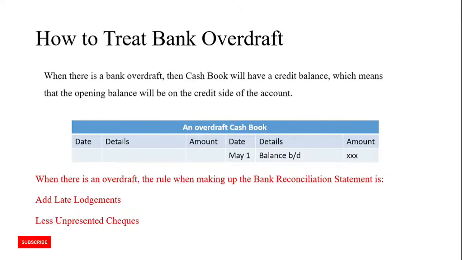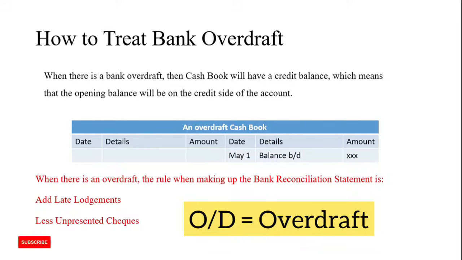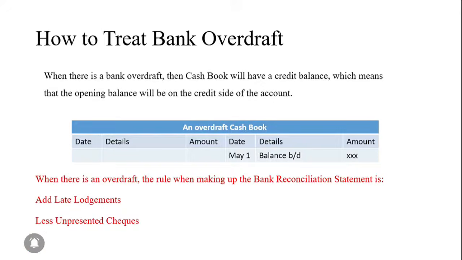But I did not want to say that initially, because I don't want to throw you off. So you just remember this rule. It is the same as when you are starting with the bank statement balance, and that is how you treat overdraft. You will normally see overdraft being indicated by O/D, that is how they normally refer to overdraft on the bank statement.